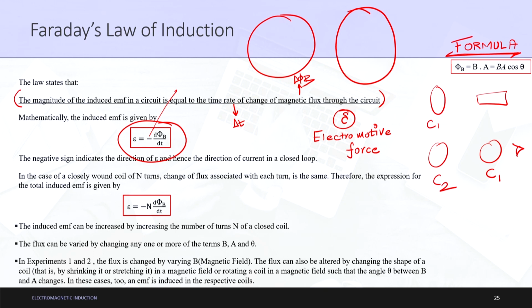For now, we know that this minus sign is a property of Lenz law, because we need to conserve energy, since energy can neither be created nor destroyed; that is why a negative sign is put here.